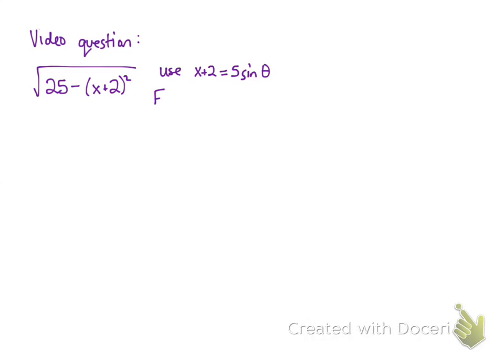Now, just like in the example before, what I would like you to do is figure out what dx will equal and what that square root thing will equal. Right? This square root thing that we have to deal with in our integral. So find dx and find the square root of 25 minus the quantity x plus 2 squared. Bring that to class and I will see you there.